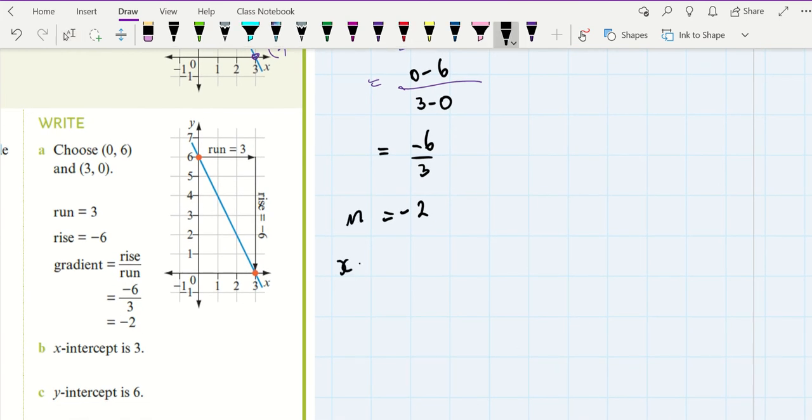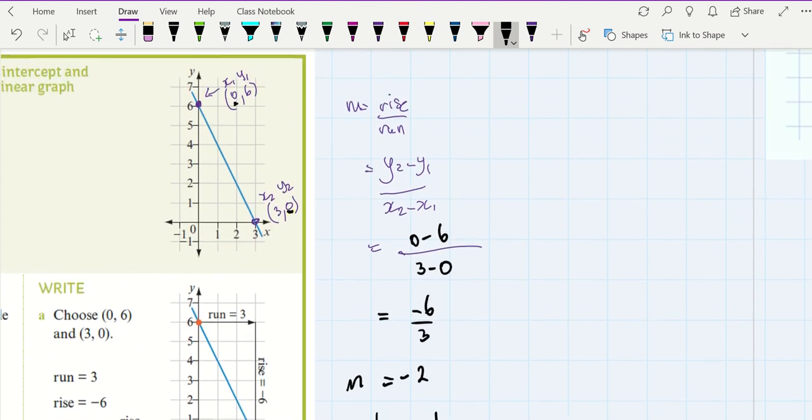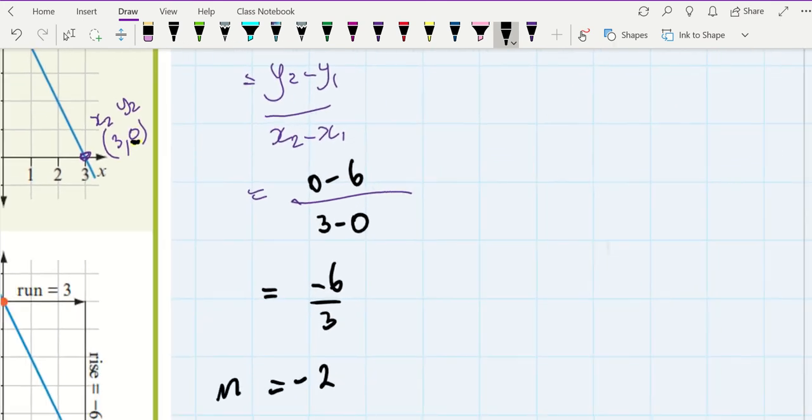My x-intercept and my y-intercept. Now we have identified them, haven't we? I can identify them from my set of coordinates.